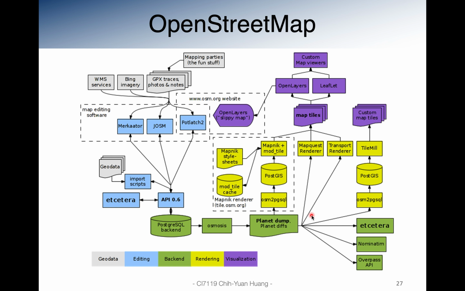Based on my understanding, that is how OpenStreetMap adjusts their workflow or procedure of creating and supporting the tile map service, to accommodate the high updating frequency from the VGI.